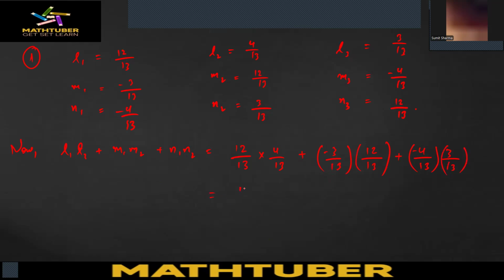So 12 fours are 48 upon 169, minus 36 upon 169, minus 12 upon 169.